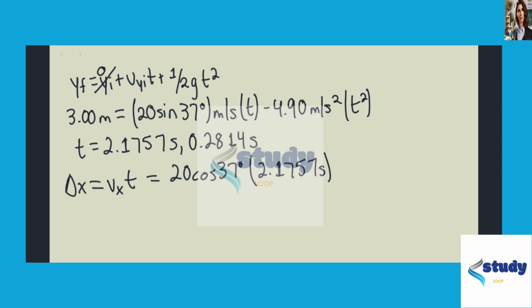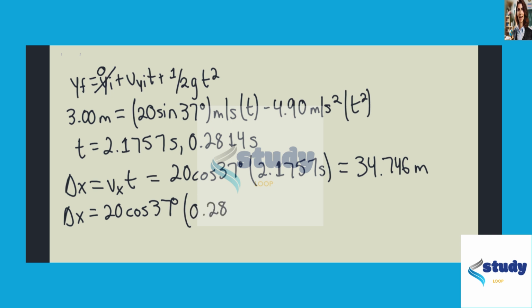Again, this is a quadratic equation, so of course we're going to get two values for t, and the two values would indicate the range of the horizontal displacement from which we can kick the football. This is going to equal 34.746 meters, and then delta x equals, again, 20 cosine of 37 degrees multiplied by 2.2814 seconds. This is giving us 4.49 meters.